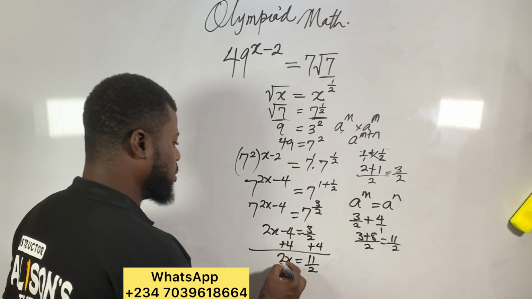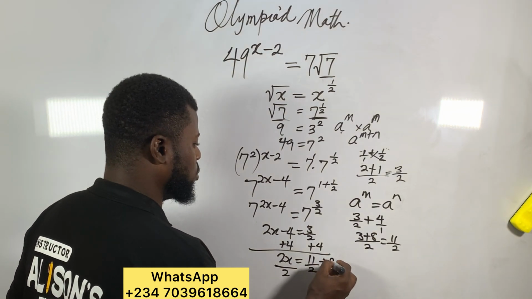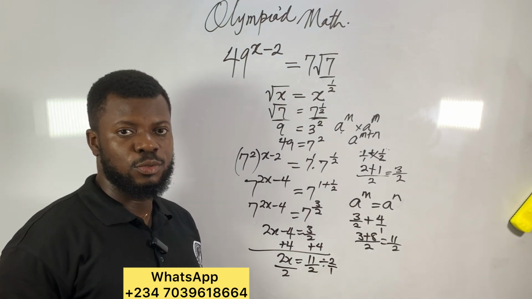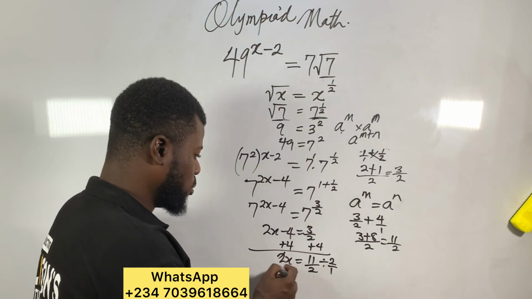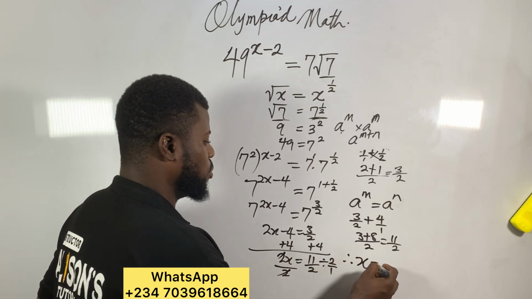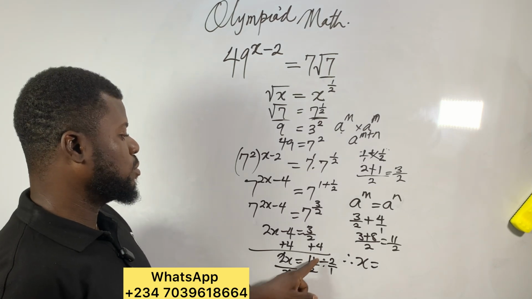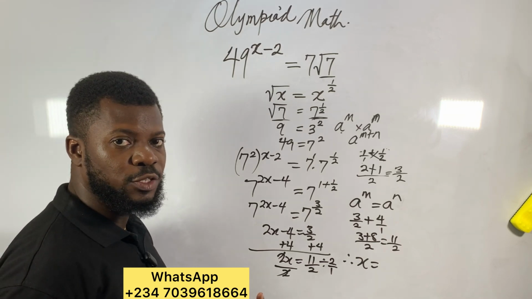So if you divide both sides by 2, 2 over 1 is the same thing as 2. I make it over 1 so that it will be like a fraction. Then these 2 and these 2 will cancel, remaining x. Therefore, x is equal to 11 over 2 divided by 2 over 1. How do I solve that division of fractions?